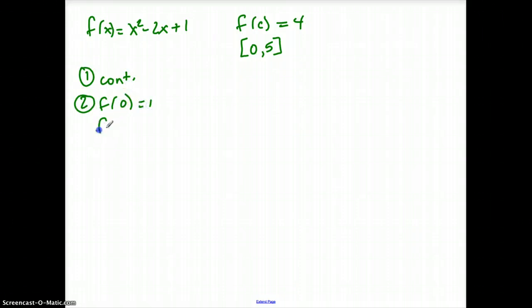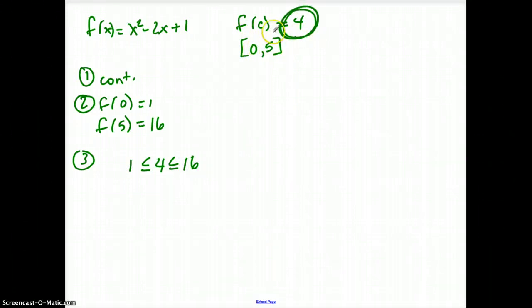It's 1. f of b? b is 5. 5 squared is 25, minus 10 is 15, plus 1 is 16. So condition 3, is 4 between 1 and 16? Yes, it is. So we know somewhere between 0 and 5, we're going to hit the y value of 4, but we have to find the c.